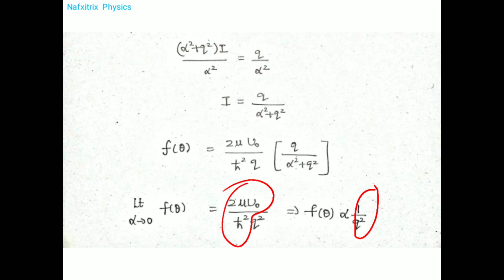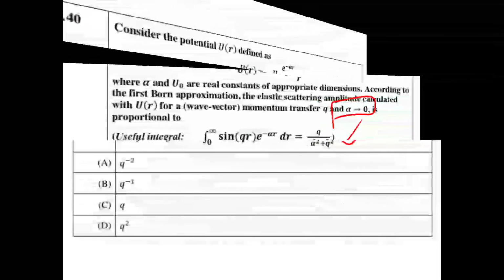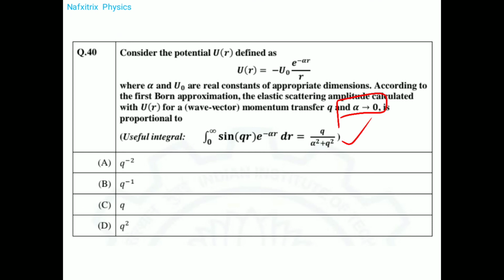That means it is inversely proportional to q square, that is, directly proportional to q power minus 2. So this is the answer for this question: q power minus 2. The final calculated scattering amplitude is proportional to q power minus 2. So this is the problem. Thank you.